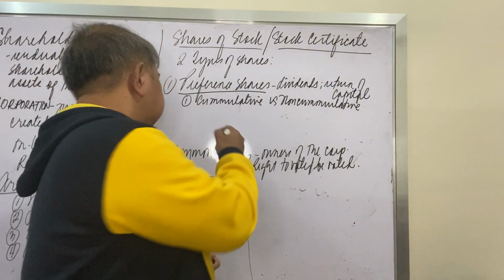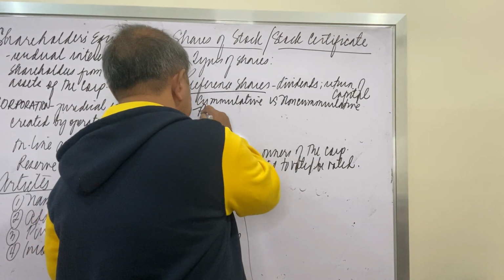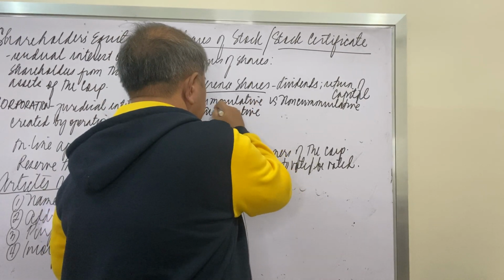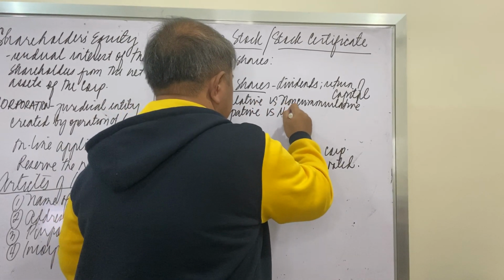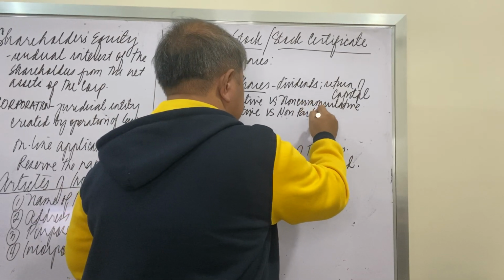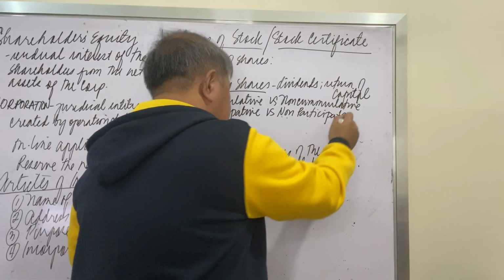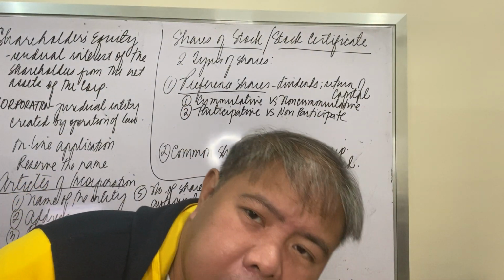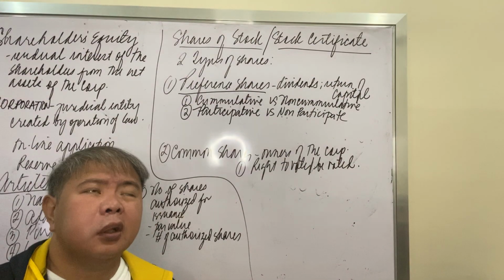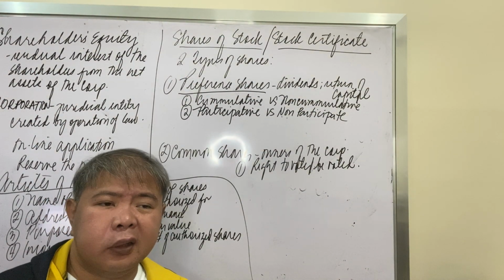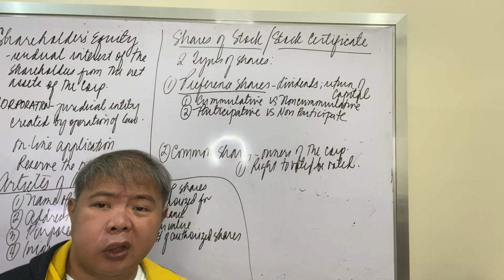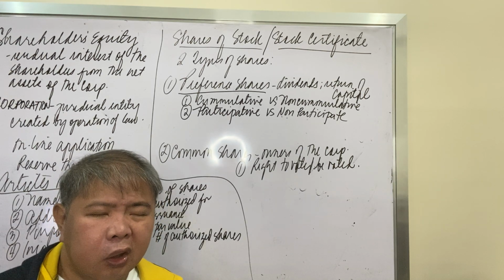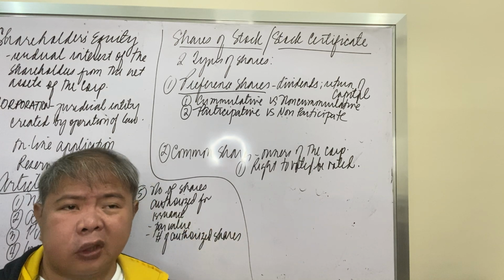And then we also have what we call participative versus non-participative. So what is meant by participative? This refers to the preference shareholders' ability to share or participate in the net income to be distributed to the common shares. Now remember, preference shares have a preferential dividend rate.